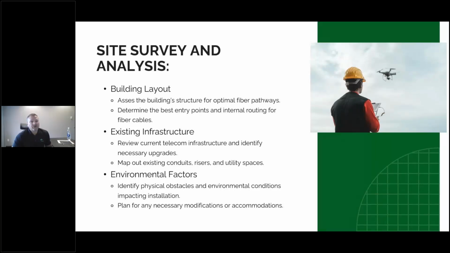For the existing infrastructure, we want to review it and see if there's anything usable. In some of our designs, we do fiber to the closet, and then we use Cat5 or Cat5e above to the customer from the ONT.